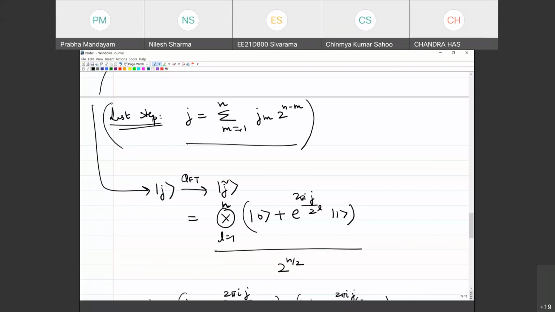Yeah, sorry, I was just wondering whether I swapped the order of the qubits somehow. I don't think so, but anyway, let's see. So this by 2 and then a sum over m going from 1 to n is what this will be.